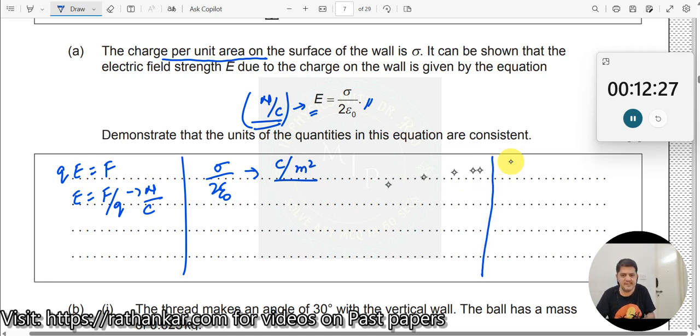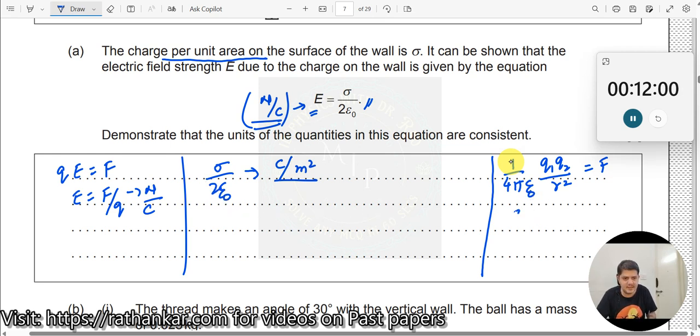We have seen this in 1 by 4 pi epsilon naught into Q1 into Q2 divided by R square is equal to F. Have you seen this? This is Coulomb's law between two charges, the force of attraction or repulsion. So therefore we have this epsilon naught here.